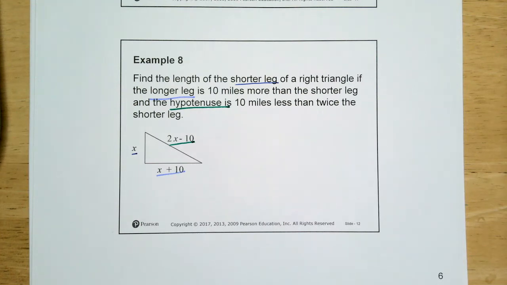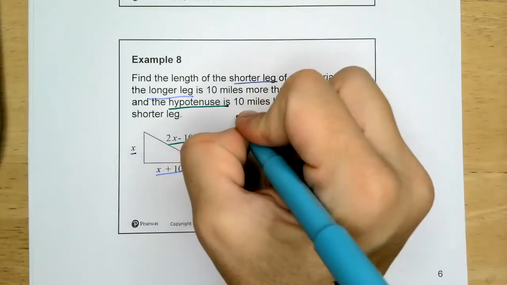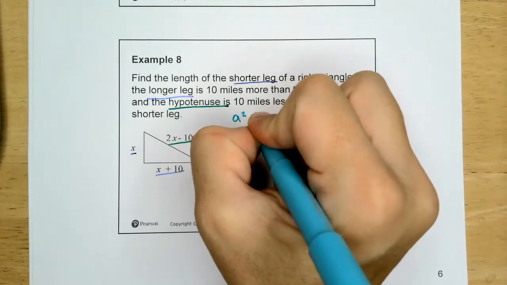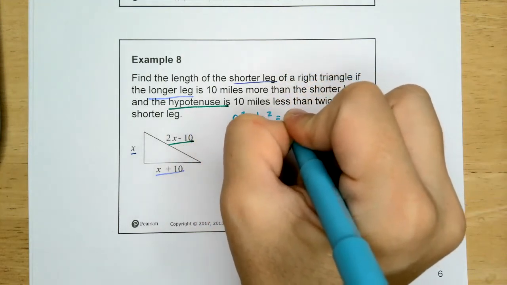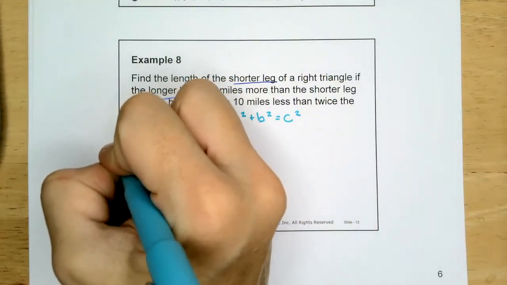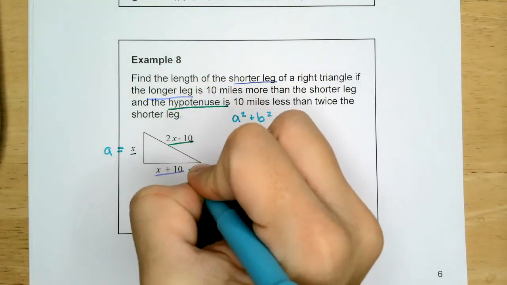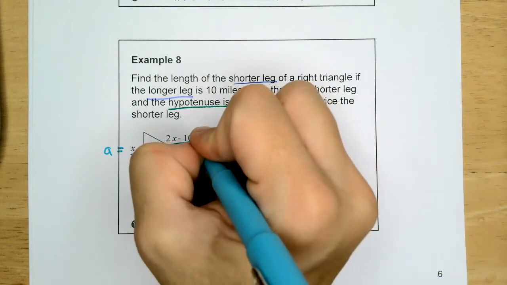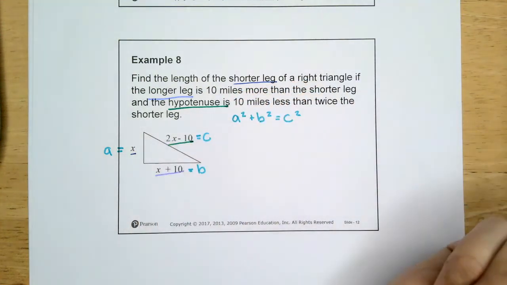So for this, we usually say that the shortest leg would be the A, right? And then B is a little bit longer, and then C is the longest, okay?